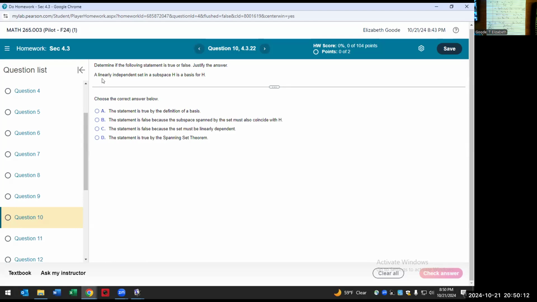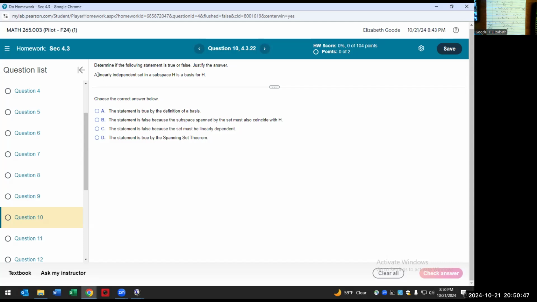It says a linearly independent set is a basis for H. So a linearly independent set in a subspace H means there is no dependency relation. In other words, we're going to need all of them. But the question is, is a linearly independent set in a subspace H necessarily a basis? Well, remember, a basis has to have two properties.